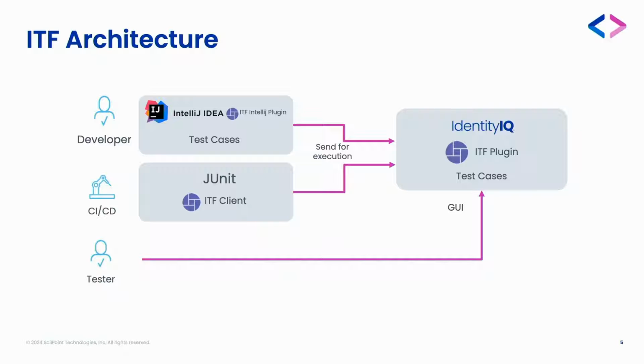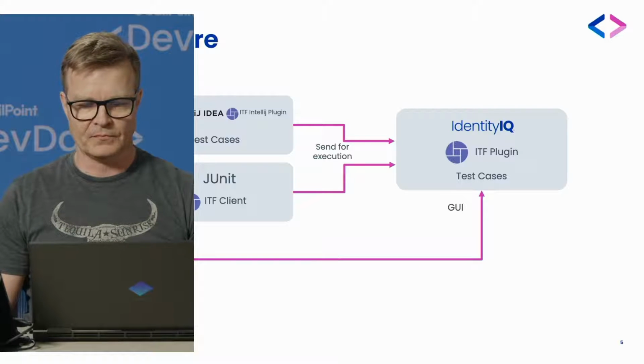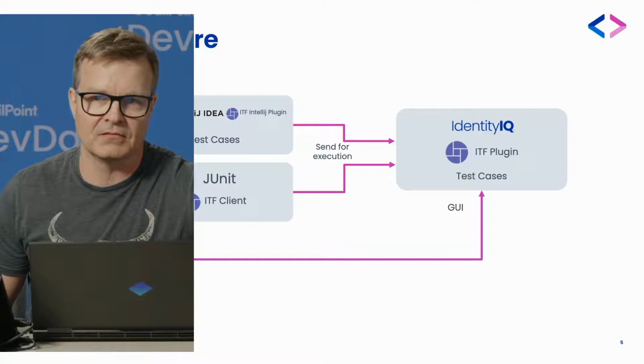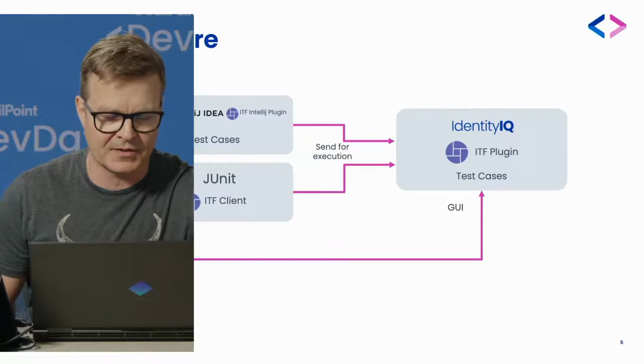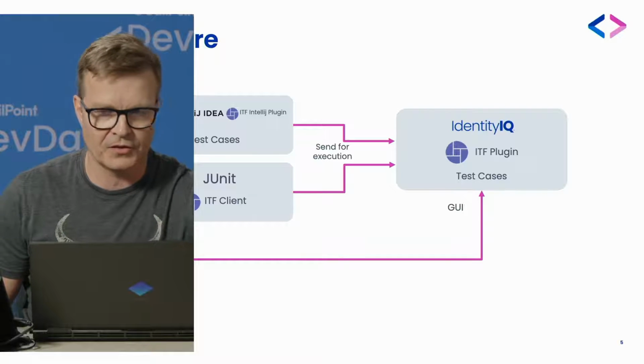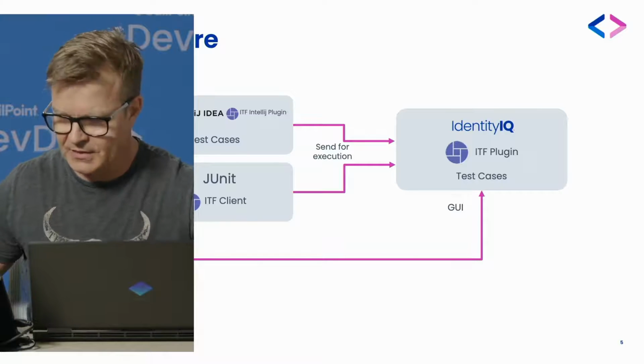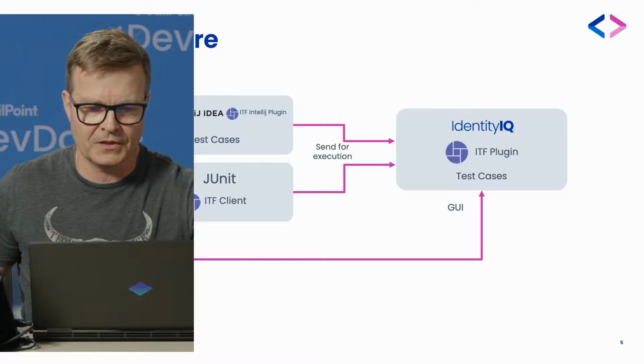There are, of course, other options for how you can invoke the test cases, like for example JUnit, but this is for CI/CD workflows where you need to automate stuff. So that's basically the very simple architecture. Now let's see it live in a demo.